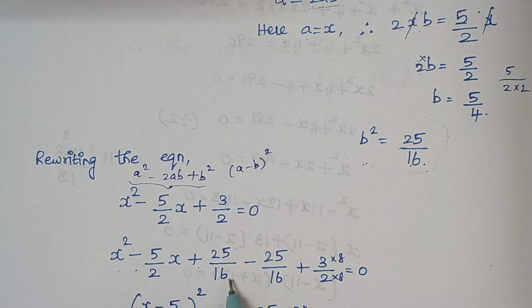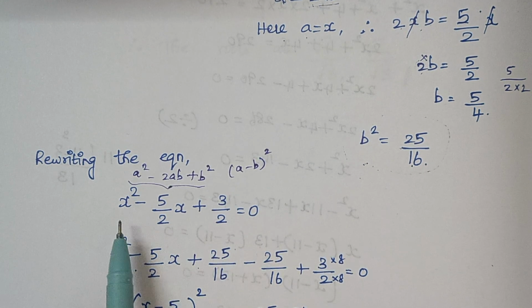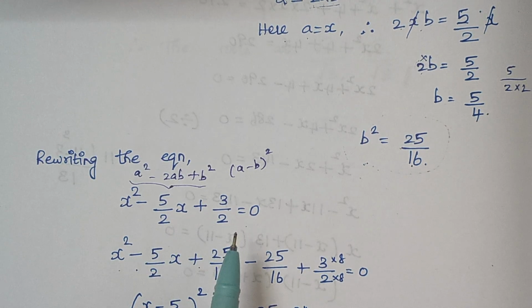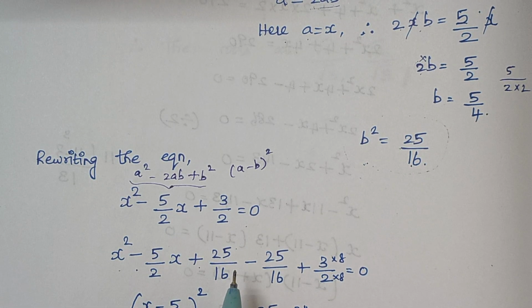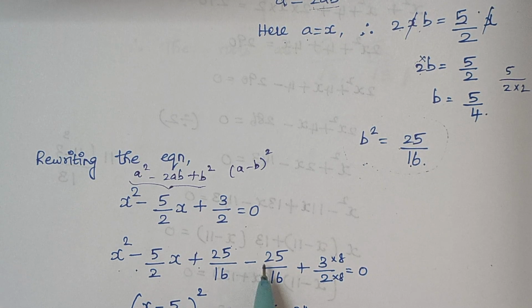Whatever we do, we should never alter the value of the original equation. This is always mandatory. So here I am introducing plus 25 by 16. Therefore I am adding another term of minus 25 by 16.